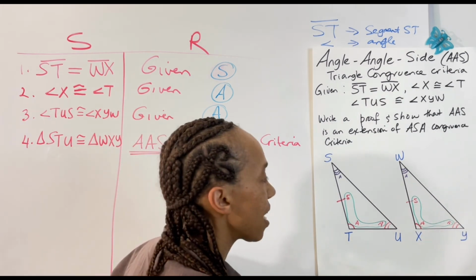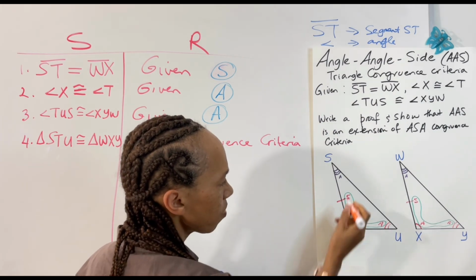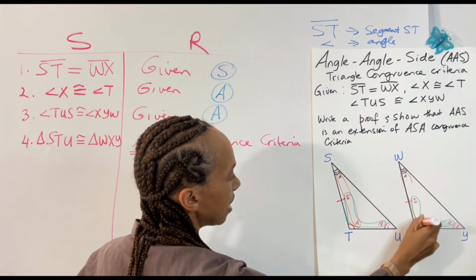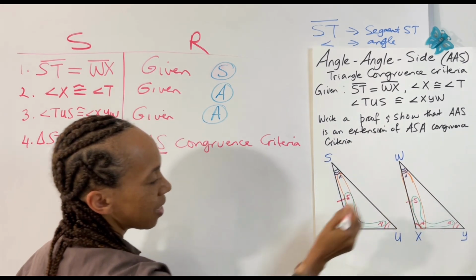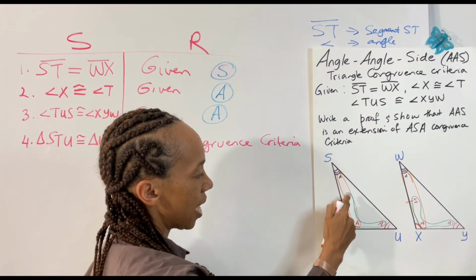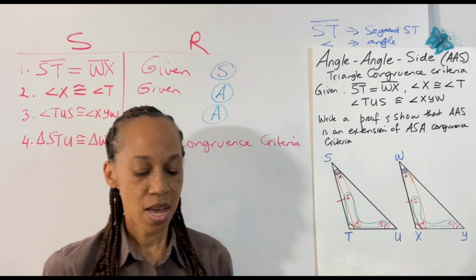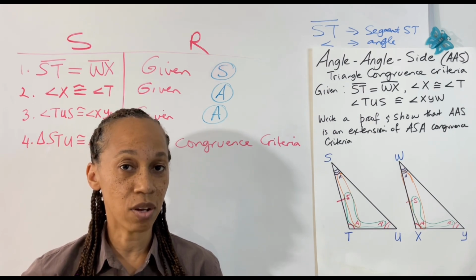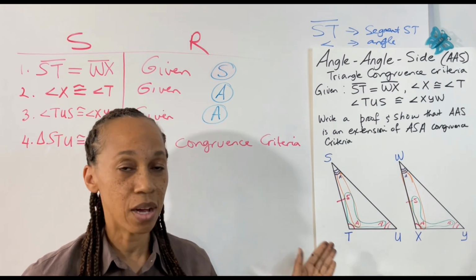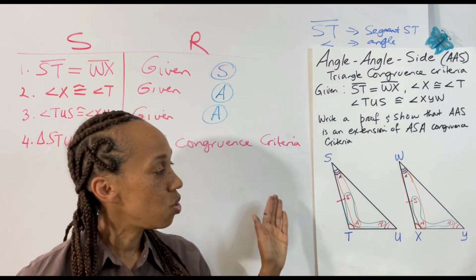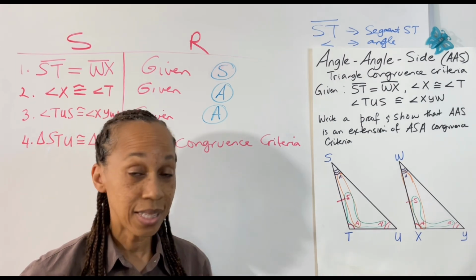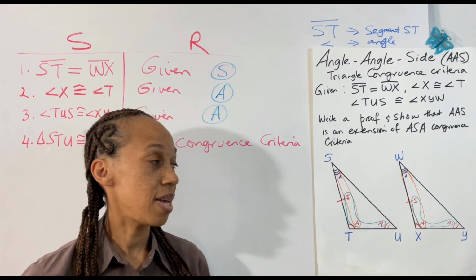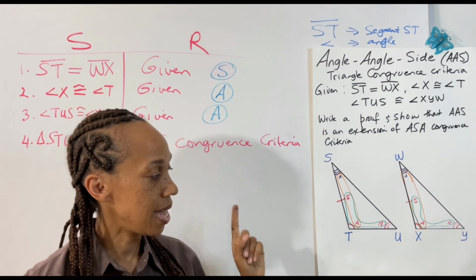But if I take it from another level and I start here, ASA, then you can see that AAS is an extension of ASA, only because if two angles in a triangle are congruent to the other two angles in another triangle, then obviously the third angle is going to be congruent, and hence you can also say that the triangle is also congruent by ASA.